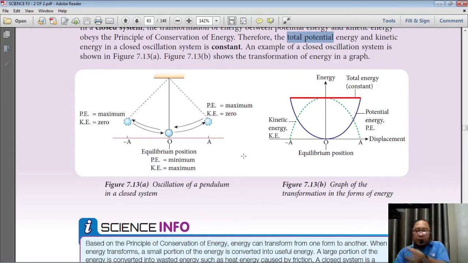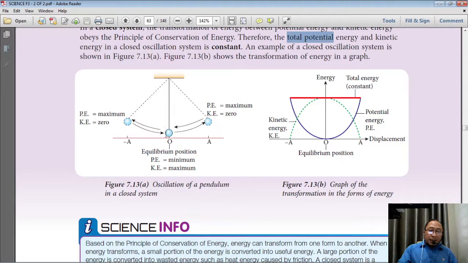The ball will oscillate from left to right until it reaches the equilibrium position, until the ball stops. At equilibrium position, when the ball stops, there is no movement, so kinetic energy is 0, and the potential energy is also 0.